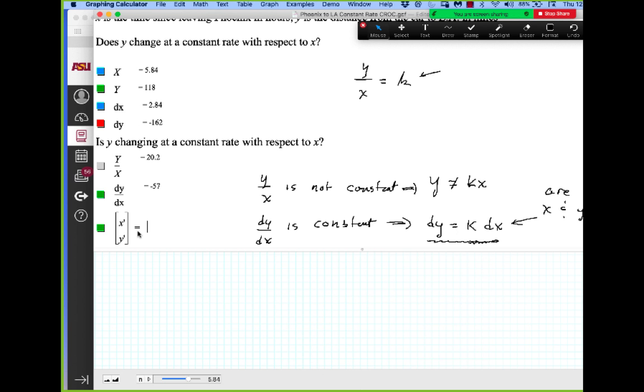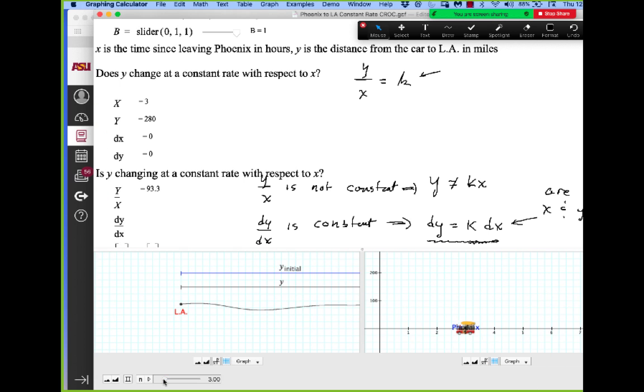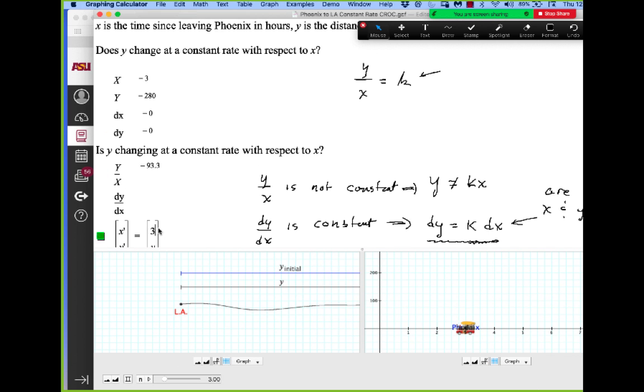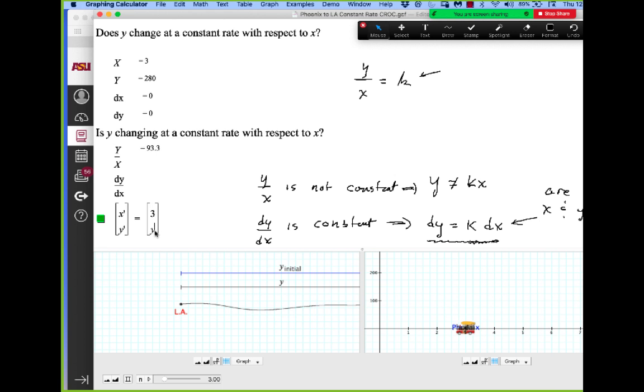So let's plot the initial point, which was 3 hours and what is the initial point? 3 and what? I think it was 280. 280. Thank you.